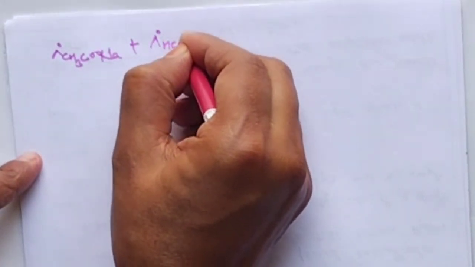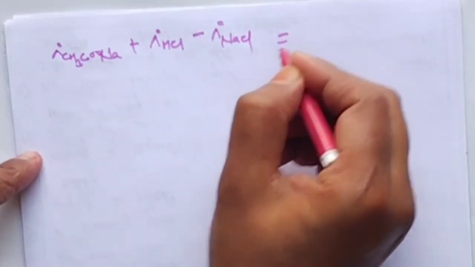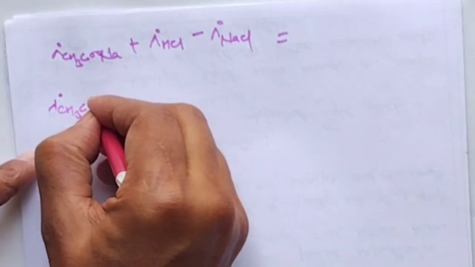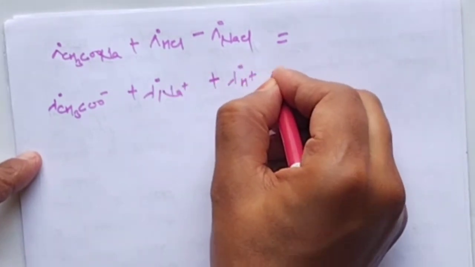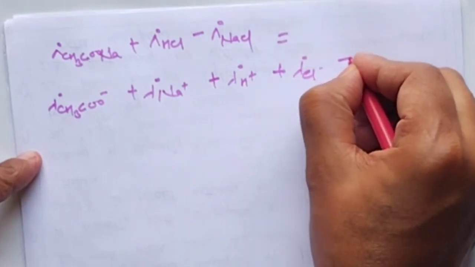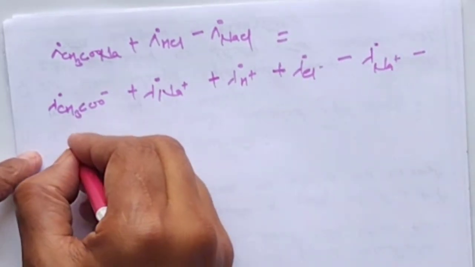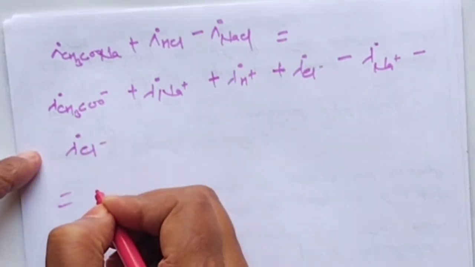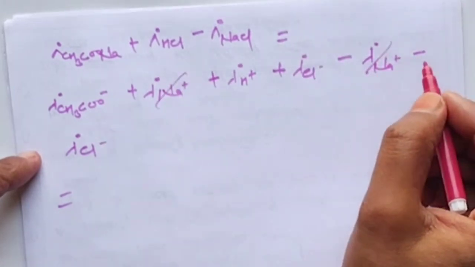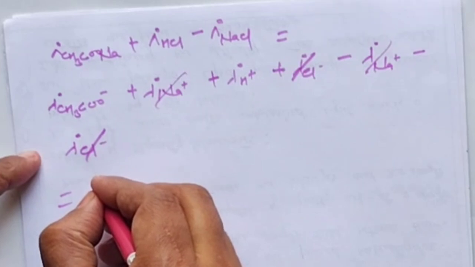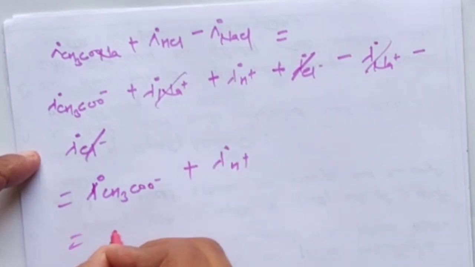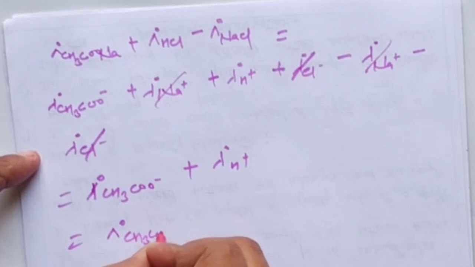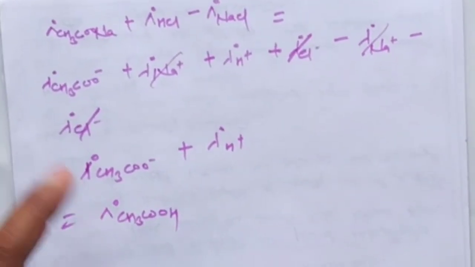Let's see. λ₀ CH3COO⁻ + λ₀ Na⁺ + λ₀ H⁺ + λ₀ Cl⁻ − λ₀ Na⁺ − λ₀ Cl⁻ equals λ₀ CH3COO⁻ + λ₀ H⁺, which means CH3COOH. We can calculate this process.